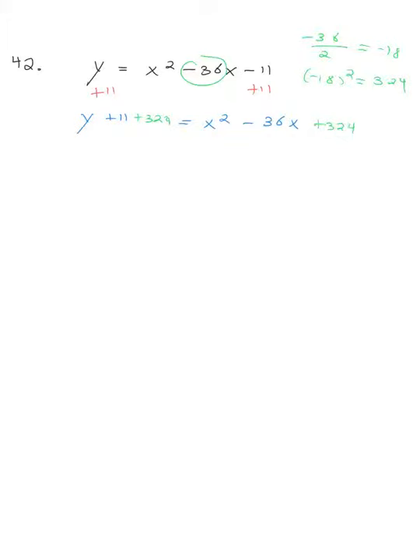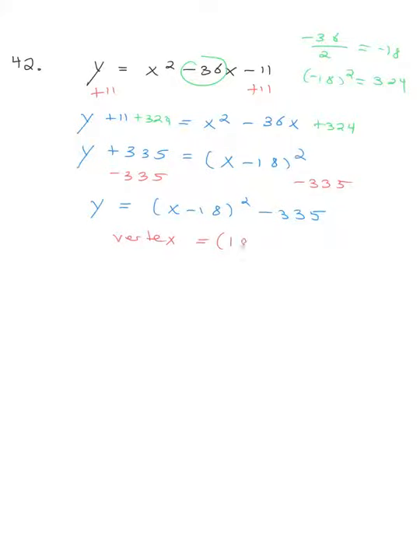And now, if I combine like terms, I get y plus 335 is equal to x minus 18 squared. If I subtract 335 from both sides of my equation, I get my answer. Y is equal to x minus 18 squared minus 335, meaning the vertex is equal to 18, negative 335.